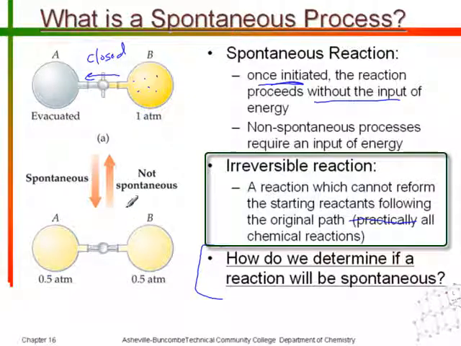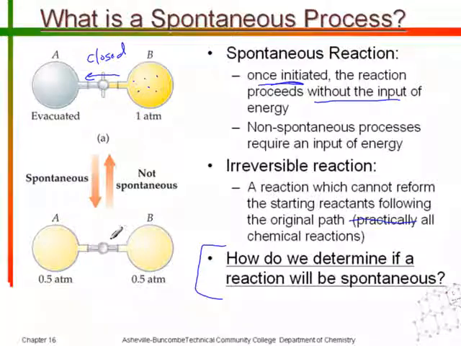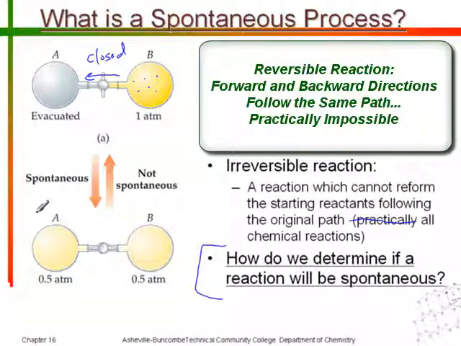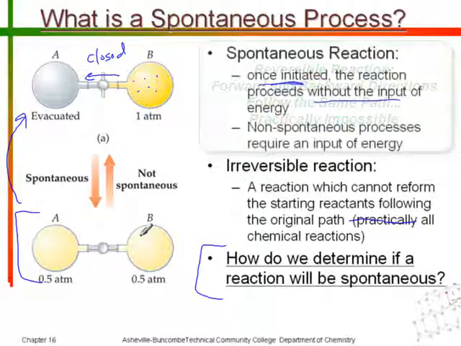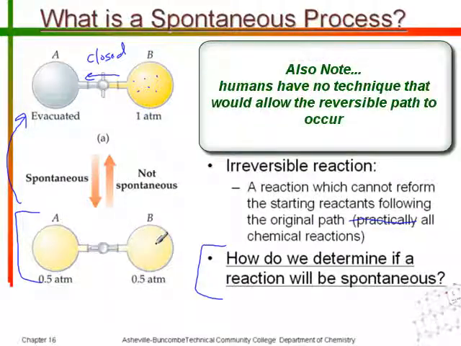So the definition of a reversible reaction is, and I guess we can use the two flask system here, if this is a reversible reaction, then you would somehow be able to backtrack from this point to that point following the same pathway. And that's impossible. There's no way that these molecules in A are going to jump over to the flask B. That is one aspect of a reversible reaction.